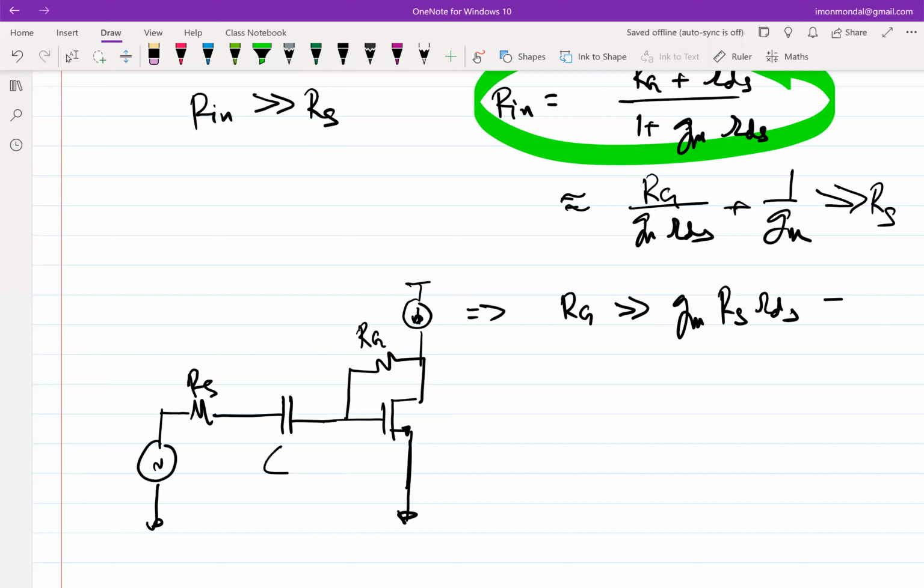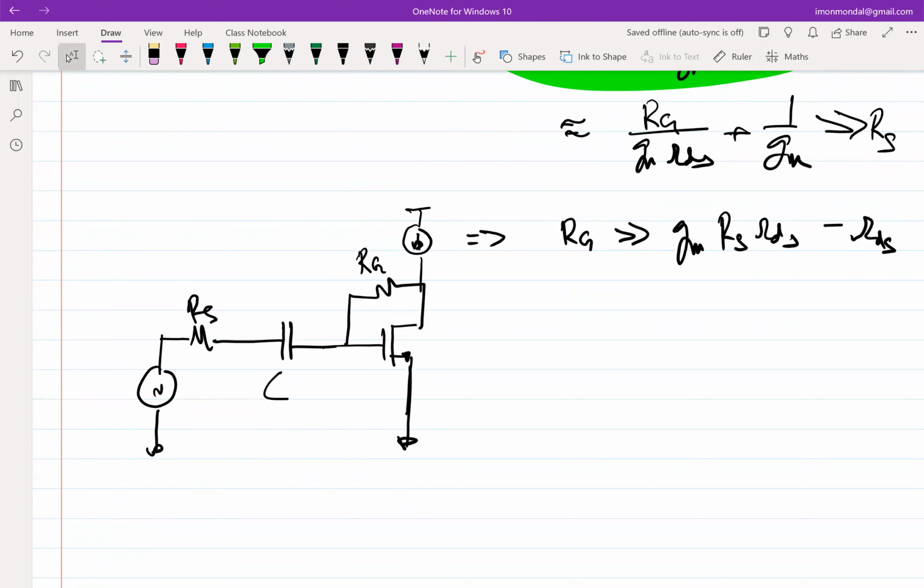Something is wrong, what did I do here? Minus RDS only. Correct. Yes, thank you, because otherwise next class I would have had to issue an errata.